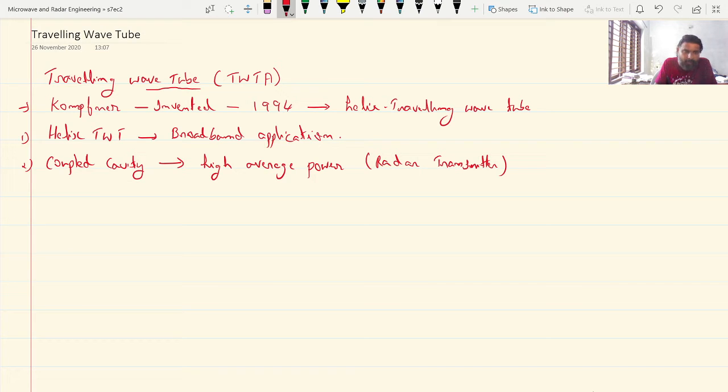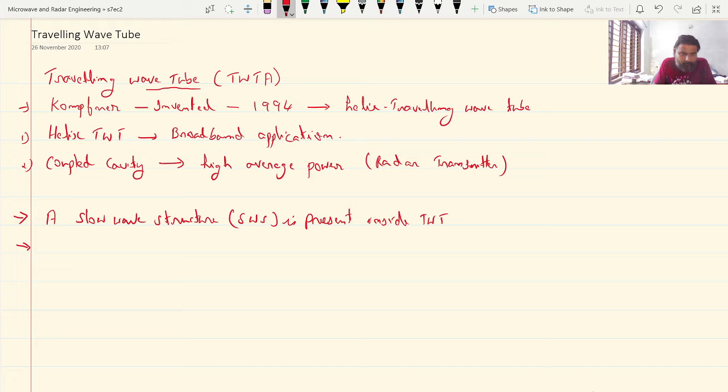In the traveling wave tube, a slow wave structure, SWS, is present inside the traveling wave tube.